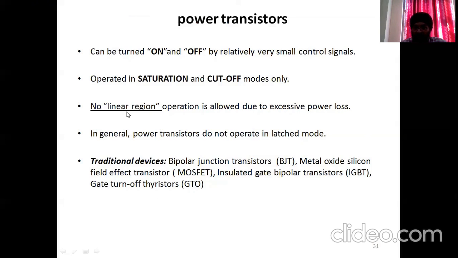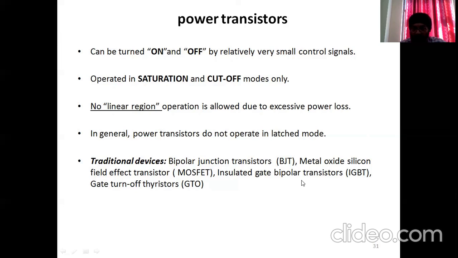Only two states or two modes are actually used: one is the saturation region, where the transistor is called on, and the other is the cutoff region, where it is called off. So basically two states only, on state and off state.